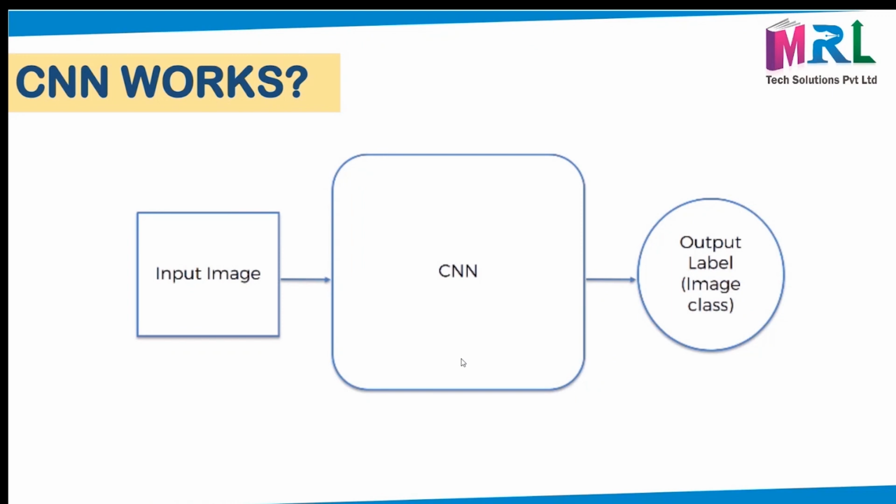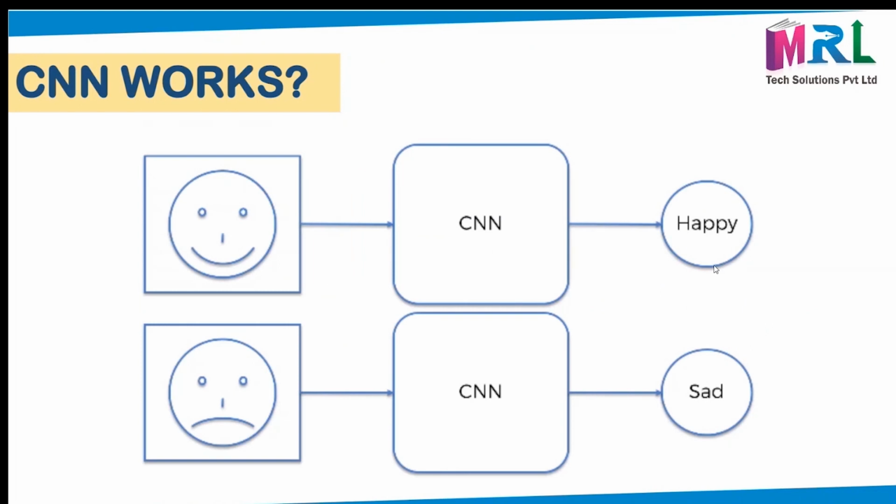So how does it work? If you take the input image and pass it to CNN, you will have the output. For example, this is a smiley image. It has some features, right? So basically, we look only at the features. What are the features? Eyes, nose, and lips, and the mouth.